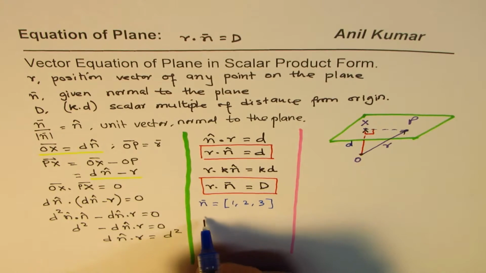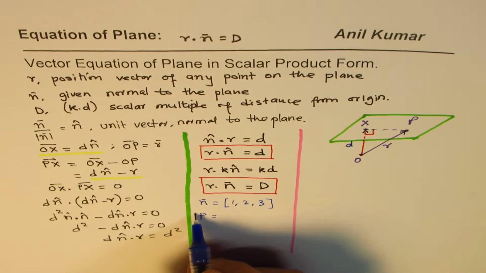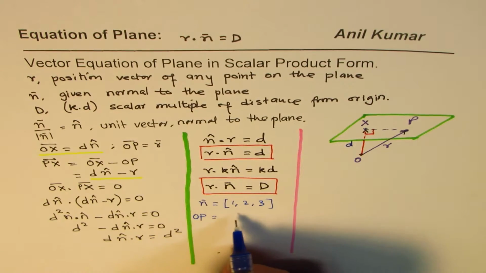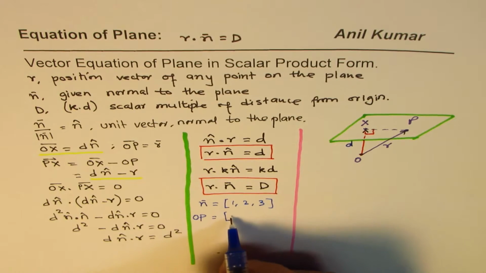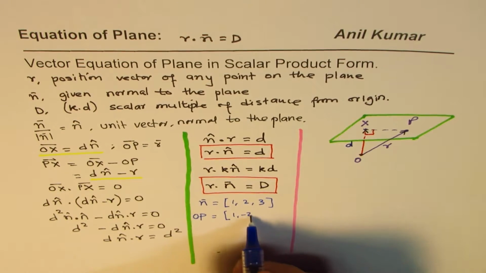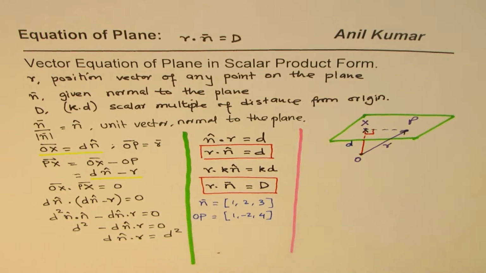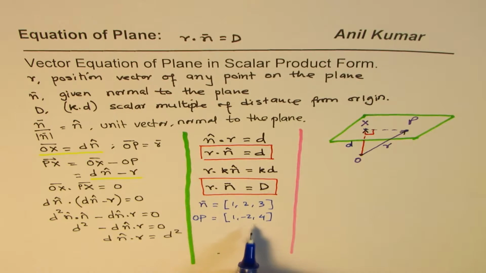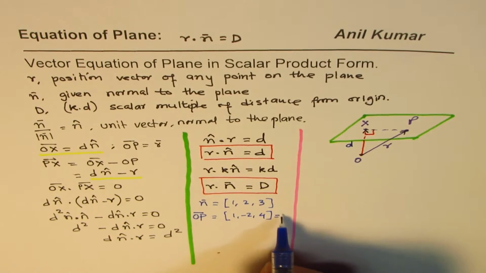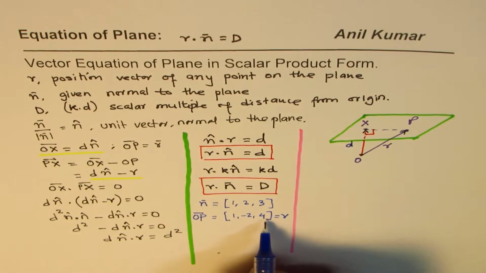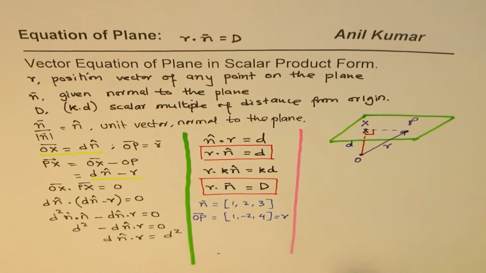And let's take a point P, and O to P will be R for us, let's say 1, minus 2, 4. In that case, OP is R, the position vector, and that is the normal.